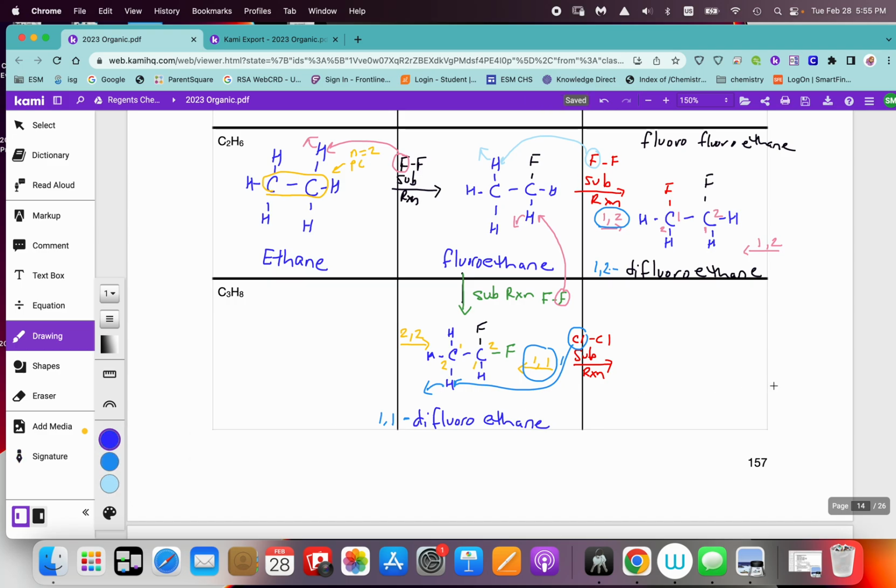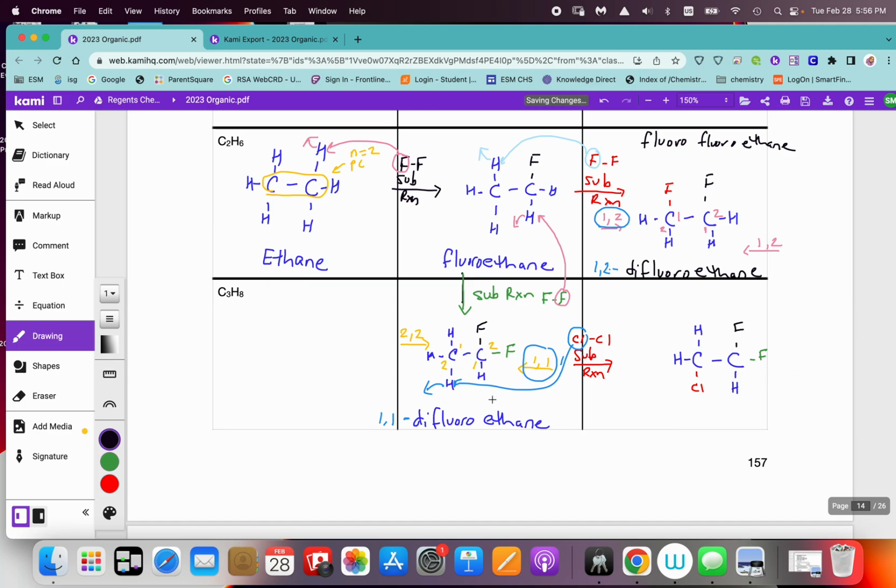So when I go to draw the new structure after this third substitution, I still have my 2 carbons that are bonded with a single covalent bond. This carbon still has 2 of its original hydrogens, but now instead of its third hydrogen, it actually has a chlorine. The second carbon still has one of its original hydrogens, and it still has the green fluorine and the black fluorine.